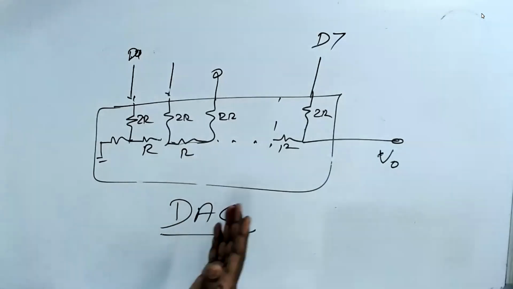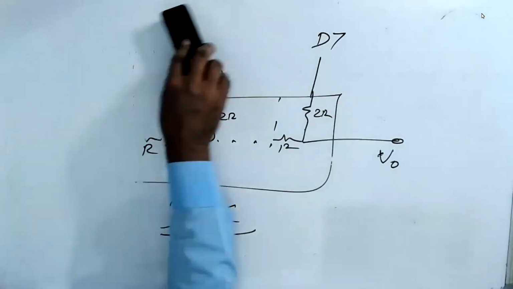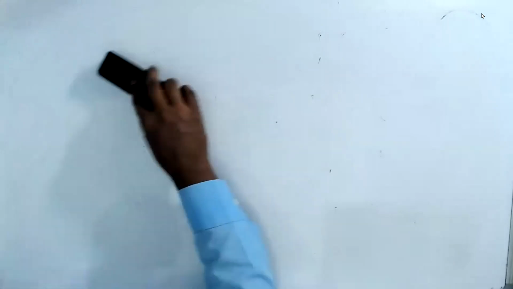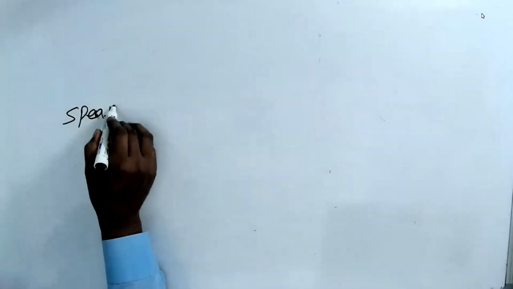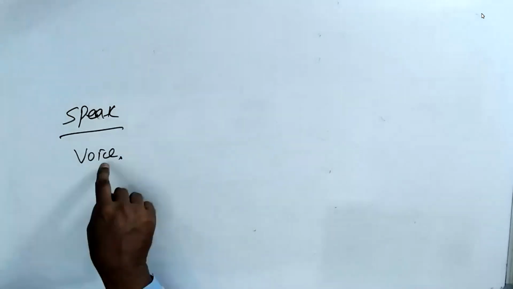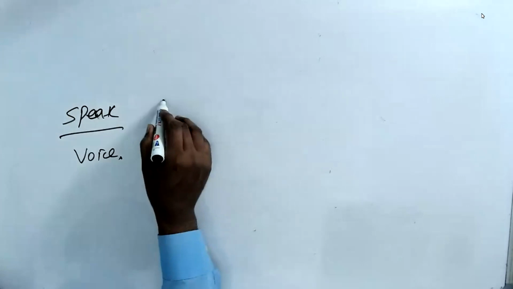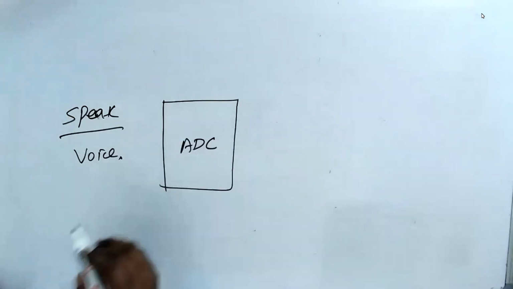Do you understand this? You could have studied this in college. Now let us say I speak. This is my voice. I'm speaking to you, there's a voice. Now, there is a block called ADC.